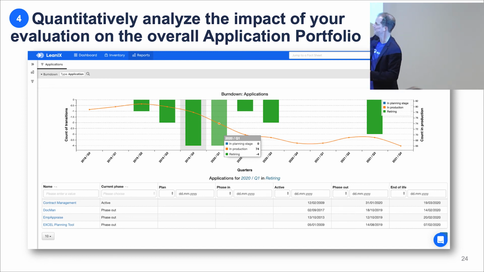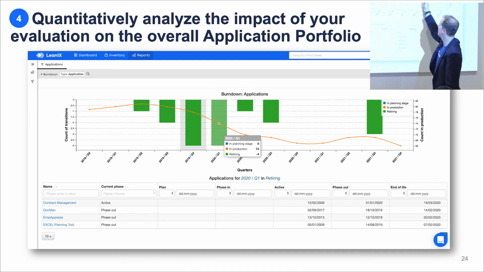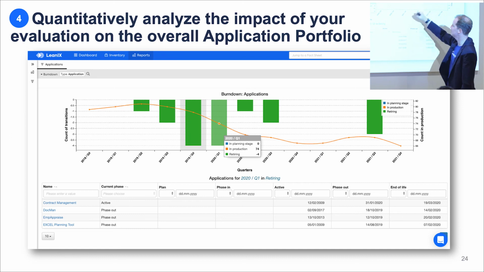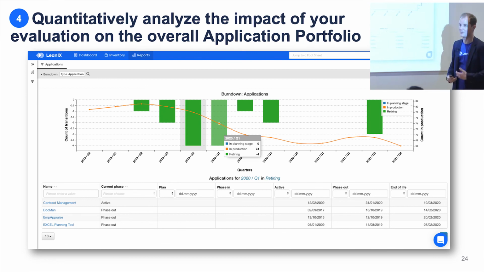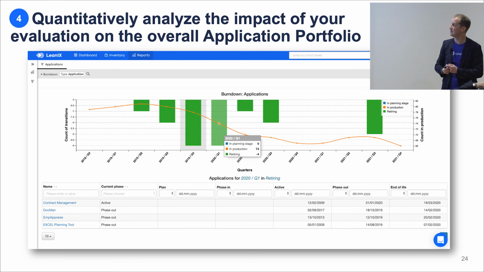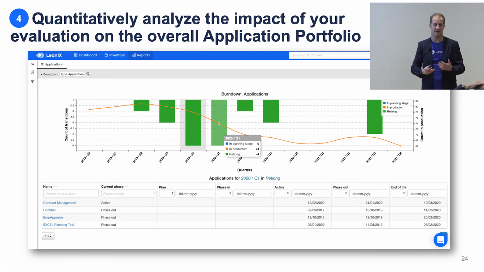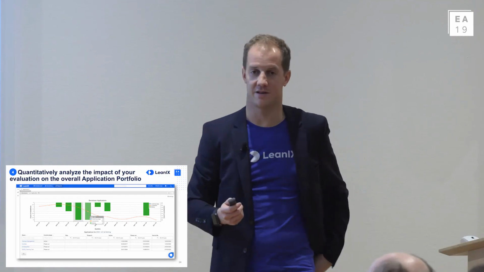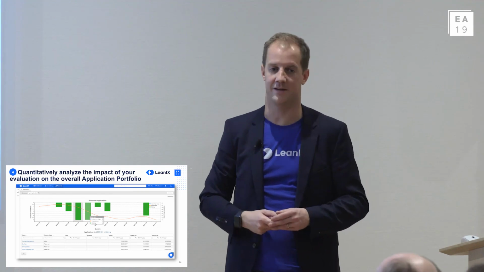So here I see, okay, now we are reducing this number, then obviously we have a time of no reductions. We see our overall line of applications in production so that we can have a consolidated view on how our application portfolio evolves over time based on the planning that we've currently made.